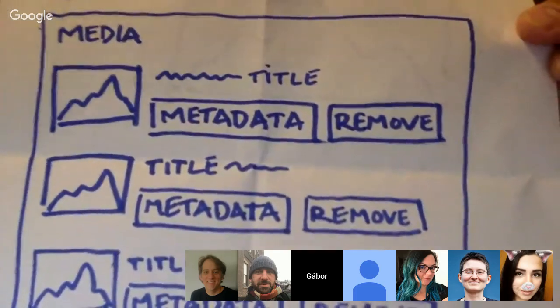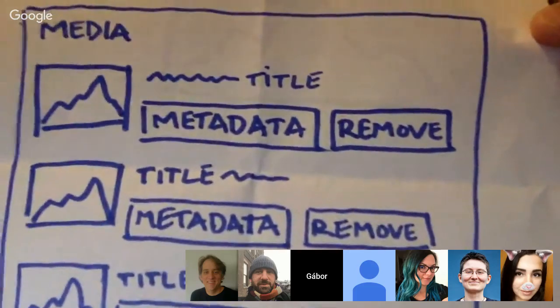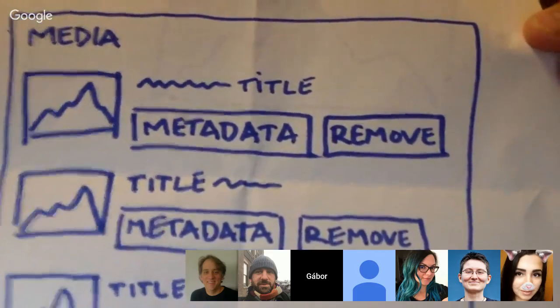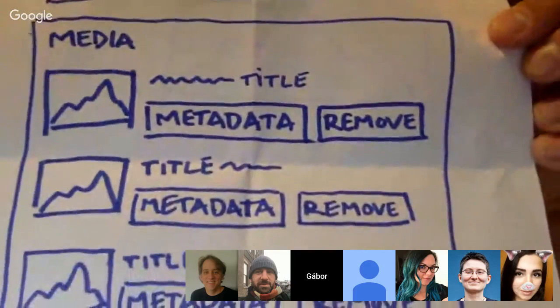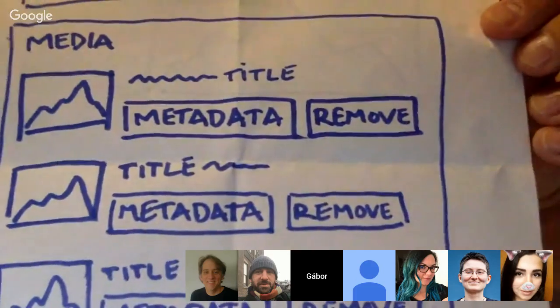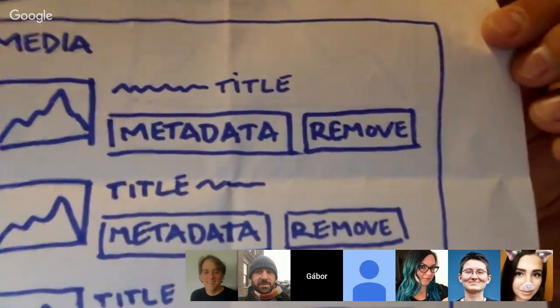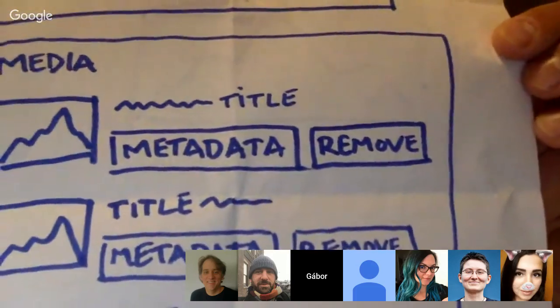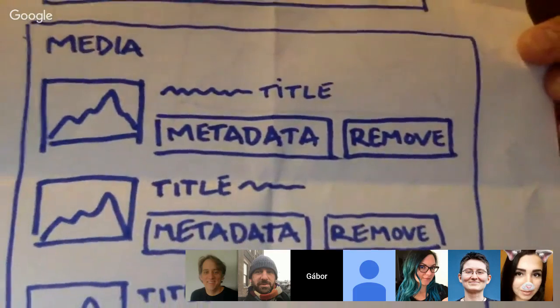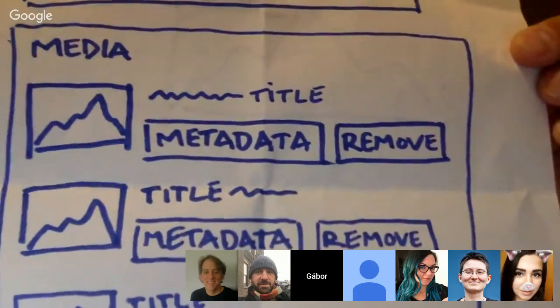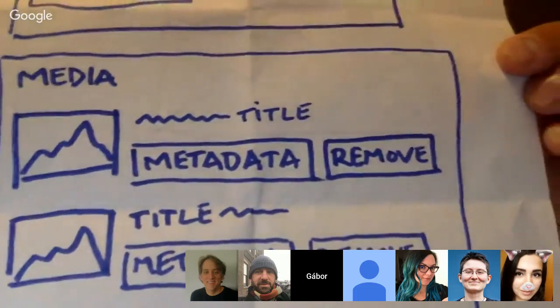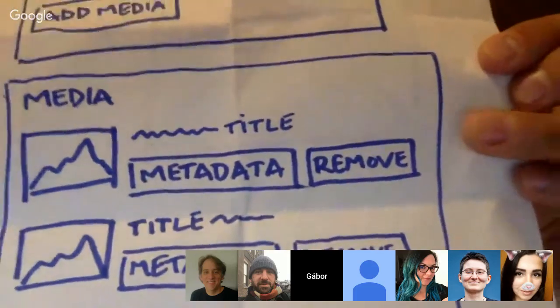That leaves us room to add more buttons. So we have a separate remove button and a button to override the metadata, to allow users to click that. The metadata button is not actually what it's supposed to be labeled, but it's a representation of how to lay out things, which would lead us to the next screen.